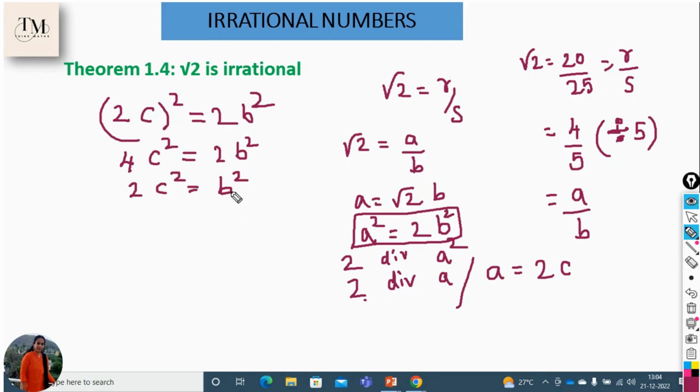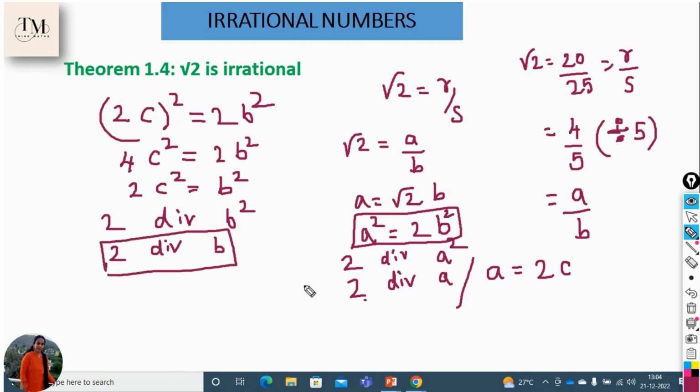So we can say that b square is a multiple of 2. That is, 2 divides b square. In the same way, by theorem 1.3, I can say that 2 divides b. So we got that 2 divides b as well as 2 divides a.